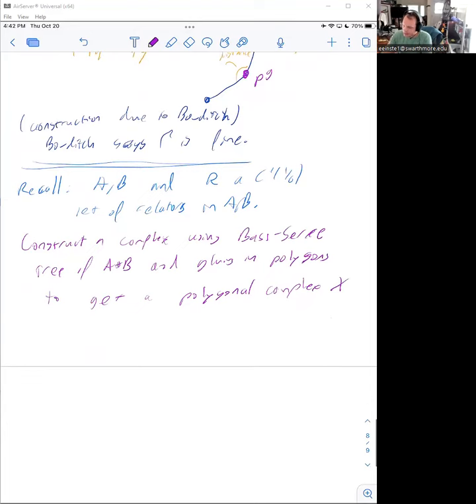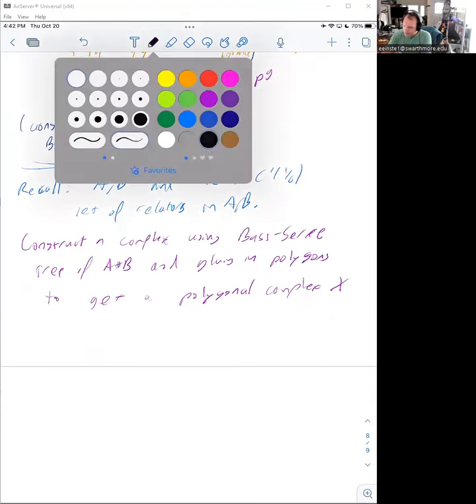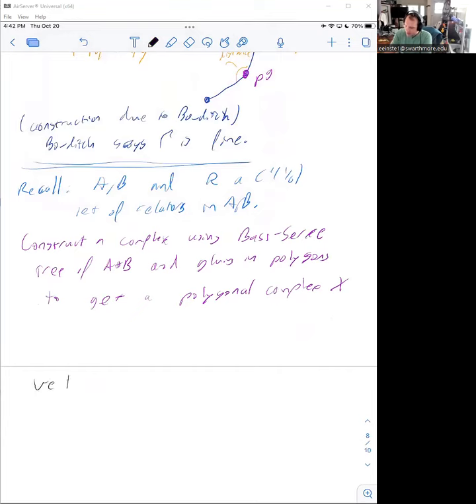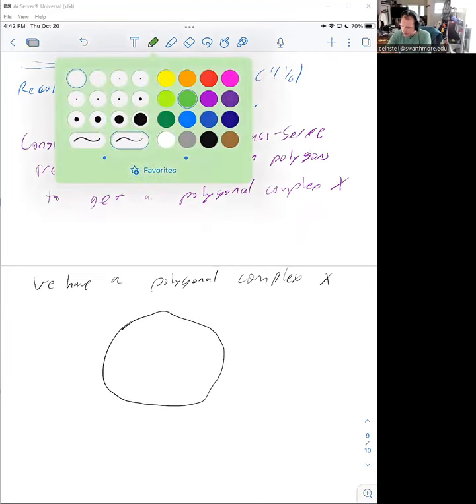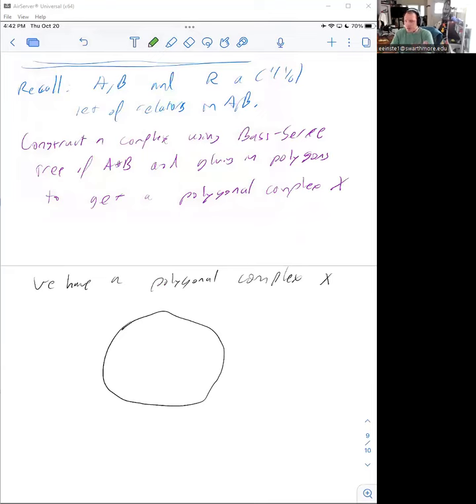So here's the idea. Here's our polygonal complex X. We do the construction above where you take the one skeleton, collapse, and then take the boundary.